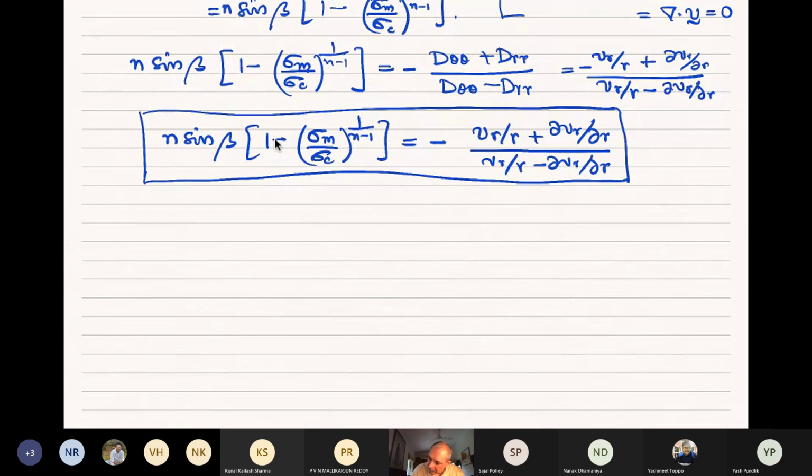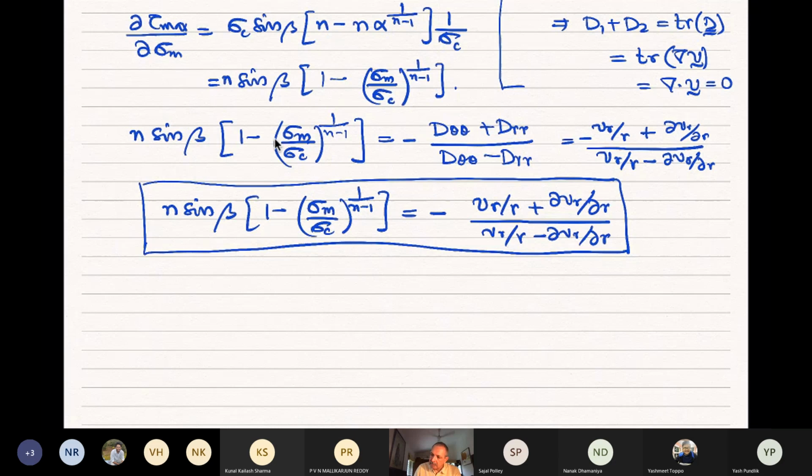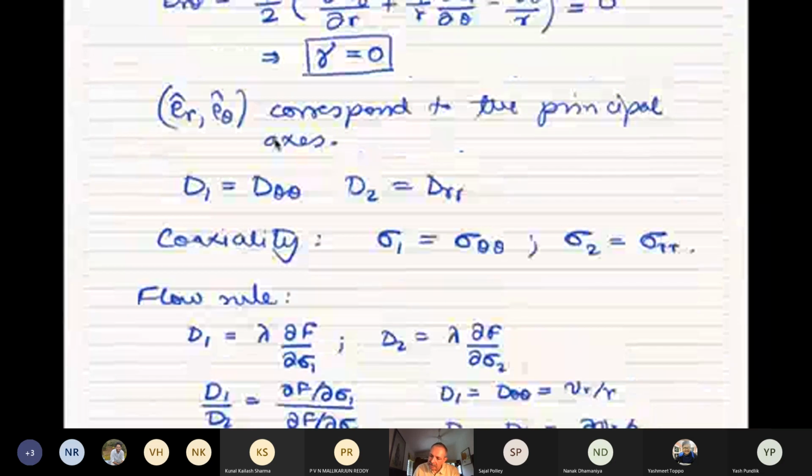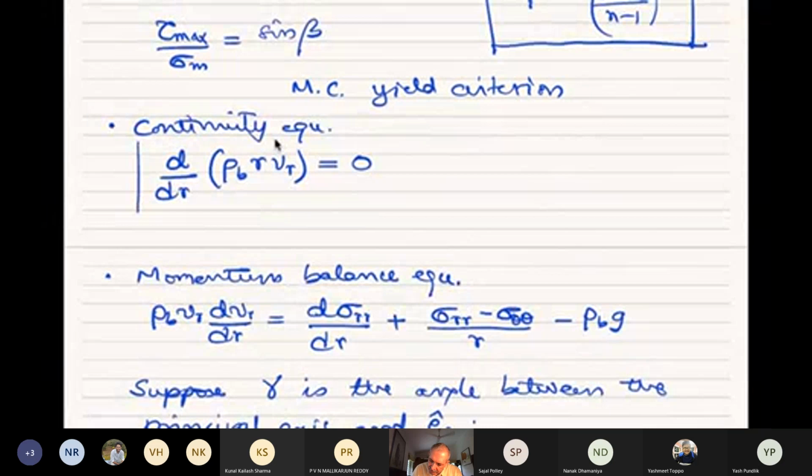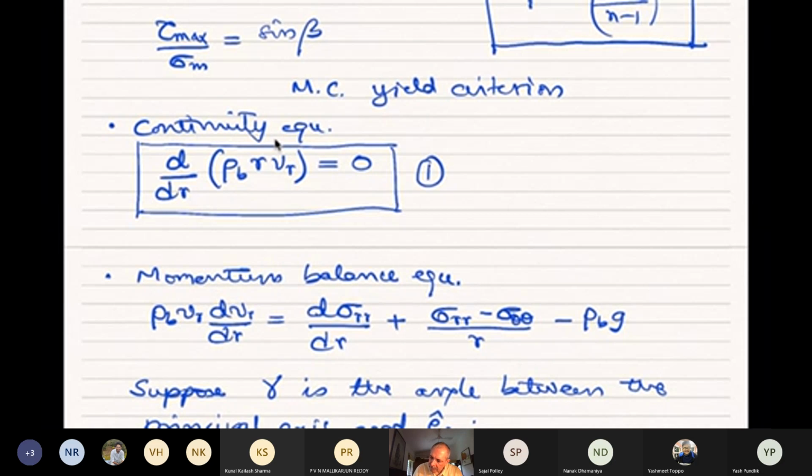That relates the velocity and the stresses. So if I go back, let me just number the equations. Let's call this the first equation, equation 1.